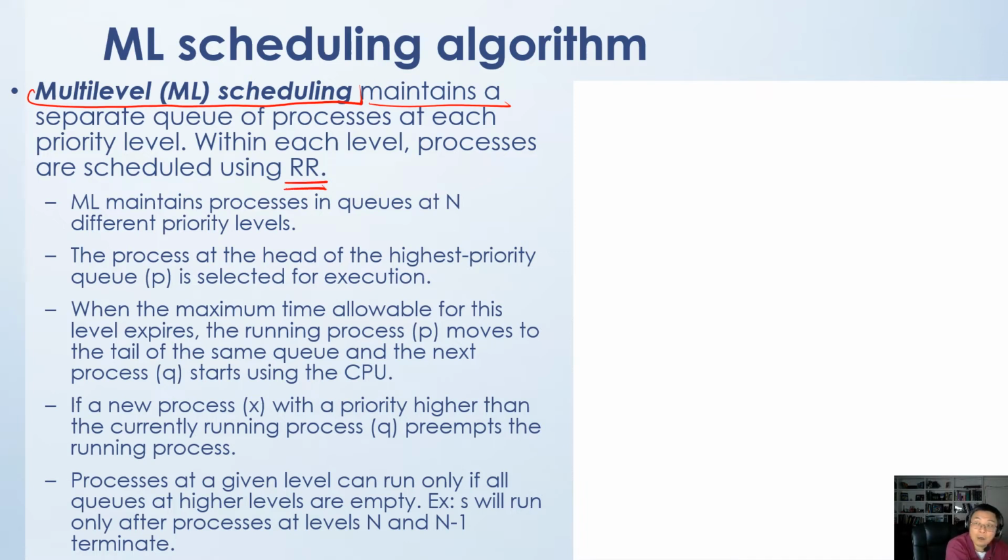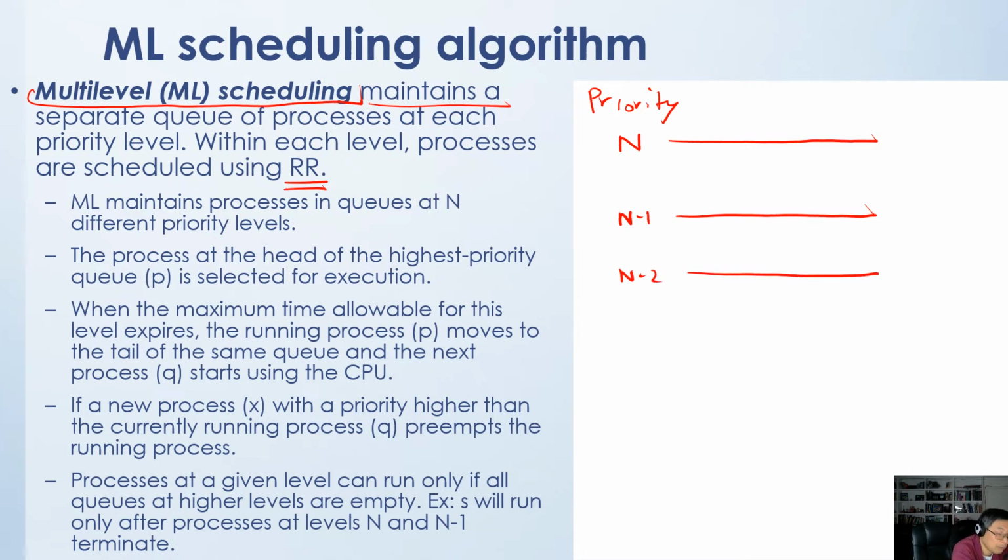Okay, so let's say here we have priority levels. Now we have a priority level n, and there is a queue, and then for priority n-1, the operating system is going to create another queue, n-2, it will create another queue, and so we go all the way to priority level 2 and then priority level 1.